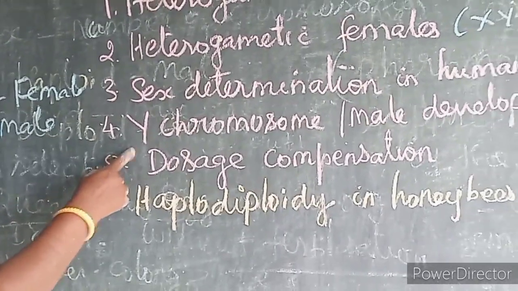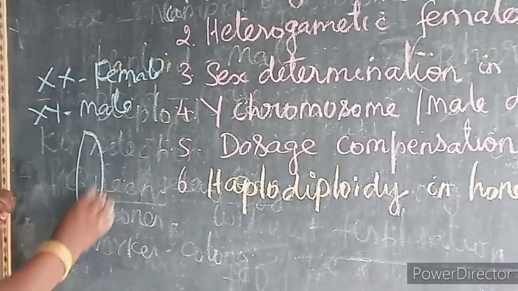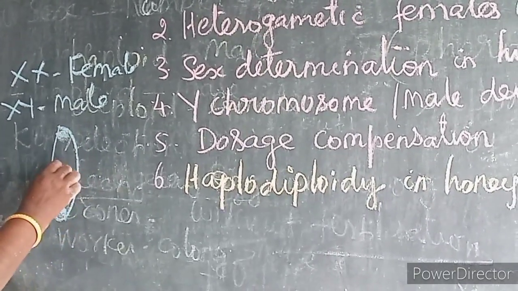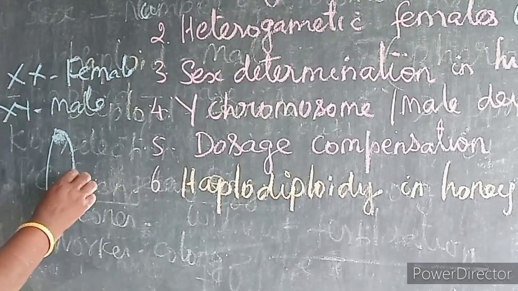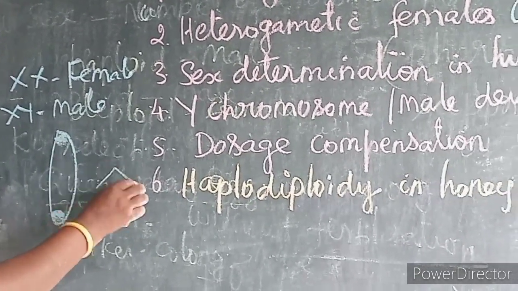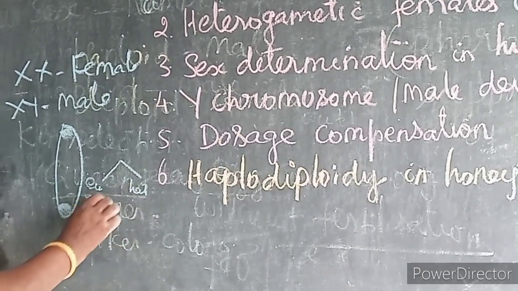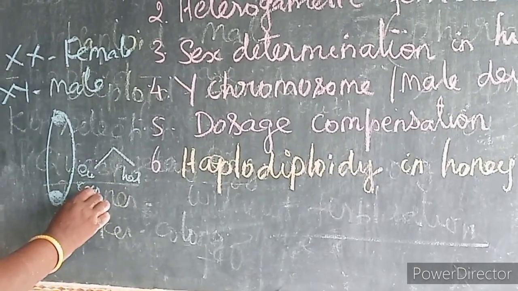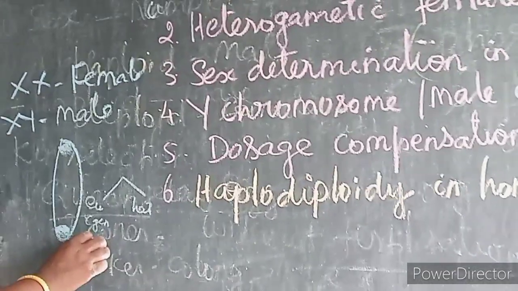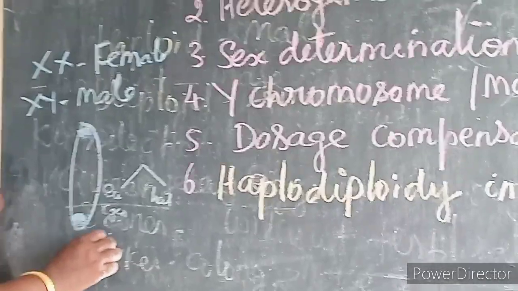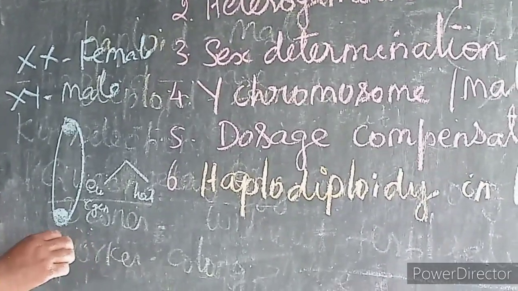Then in the Y chromosome, there is a non-homologous region, the pseudo-autosomal region. The remaining region is known as what? Non-combining region. It is divided equally into the euchromatin and the heterochromatin. There is a gene called as a sex determining gene. It is absent in the female. Then the Y leads to the male and the X leads to the female development.